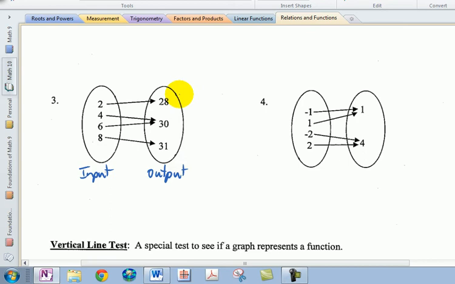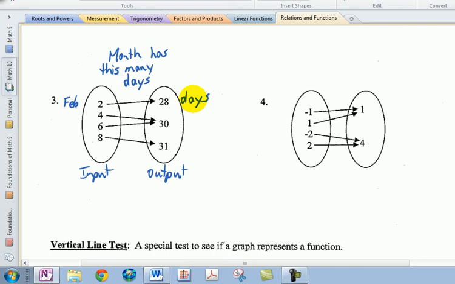Well, the relationship is the month has this many days. So month 2, which is February, has 28 days. That's what we're graphing here.